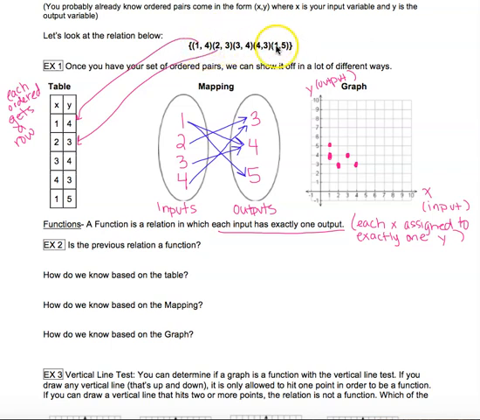These 1 inputs are assigned to 2 different outputs. So we would say no, it is not a function. Input 1 has 2 outputs. In this case, the 2 outputs were 4 and 5.